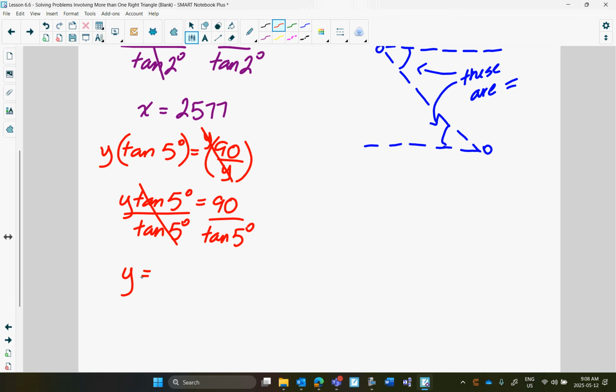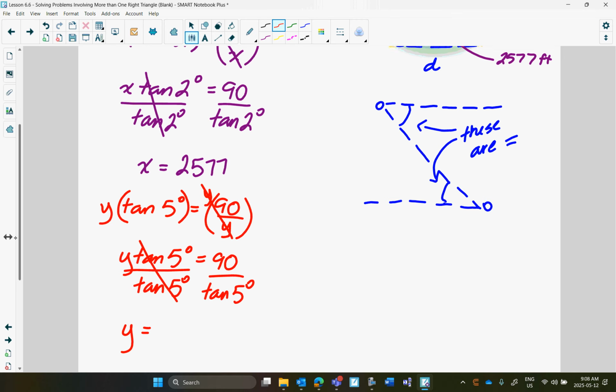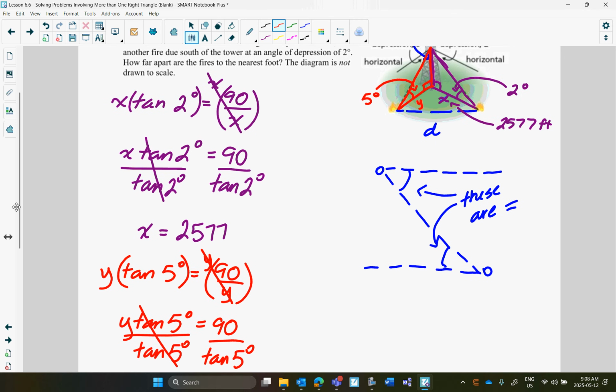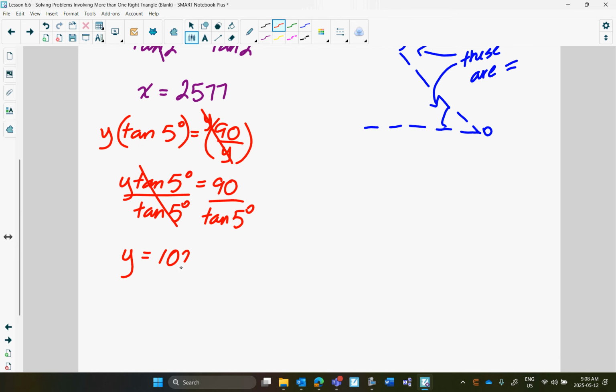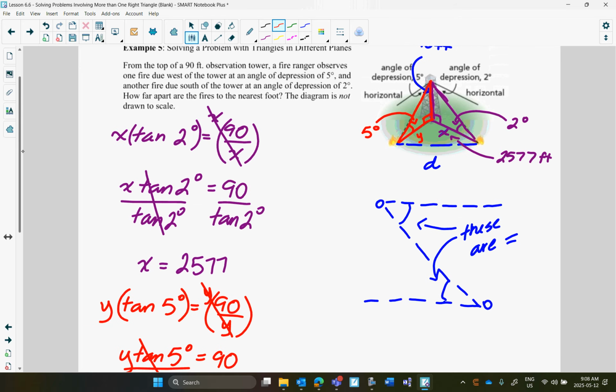And Y to the nearest foot works out to 1,029. So that is 1,029.